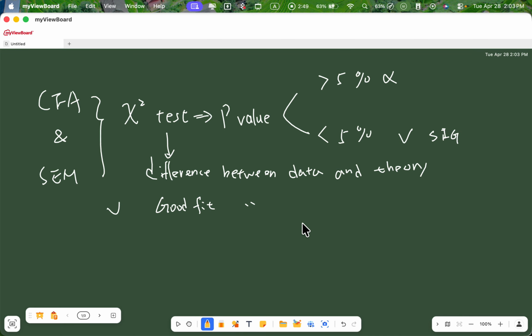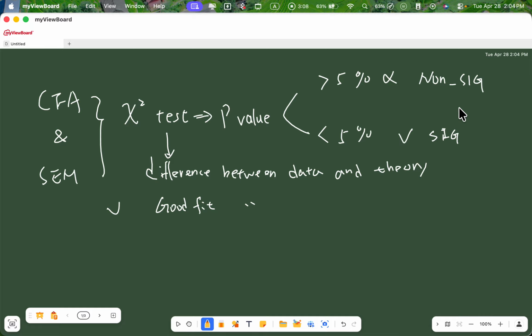So the p-value should be greater or less than 5%? Greater. Non-significant. Non-significant means there's a good fit.